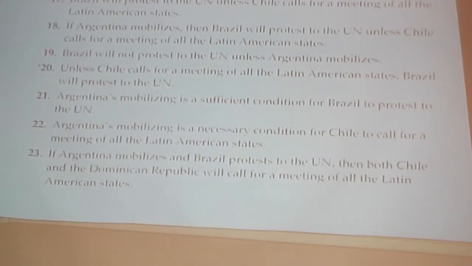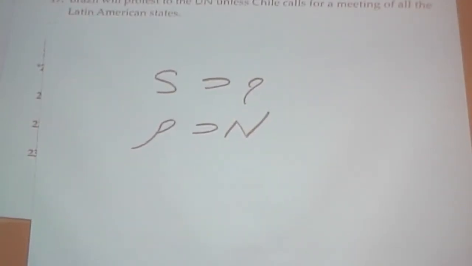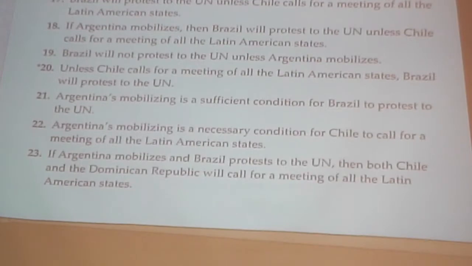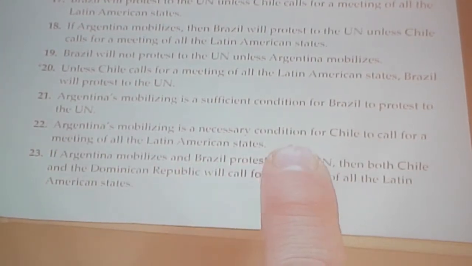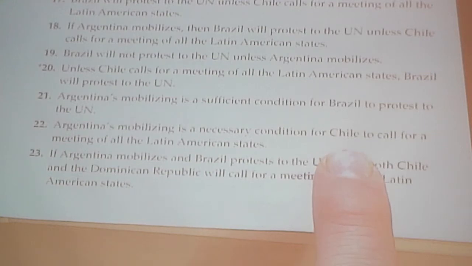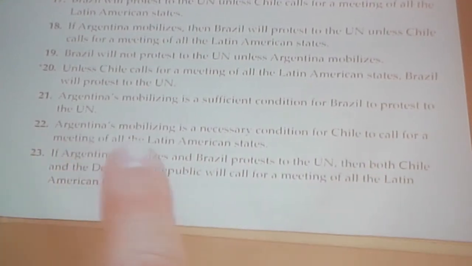So, necessary condition refers to the consequent. The translation of number 2 is A horseshoe C. Oops, no it's not.